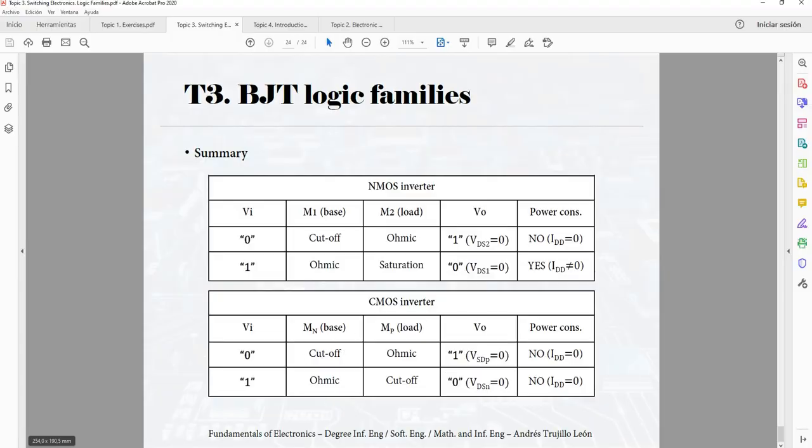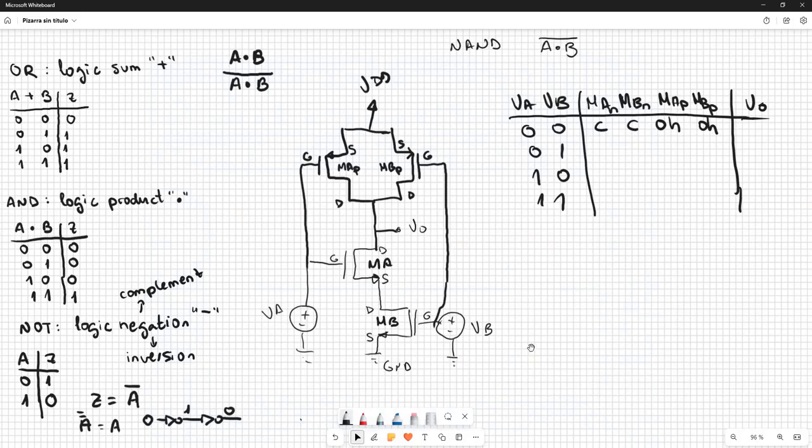Okay? So in this case the output is going to be 1. Why? Because we have these ways closed, but these ways are open, so the supply voltage can reach the output following this way or following this other way.